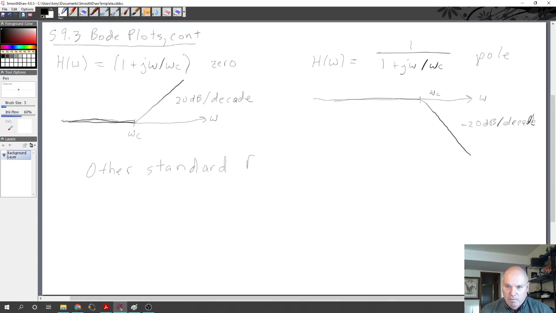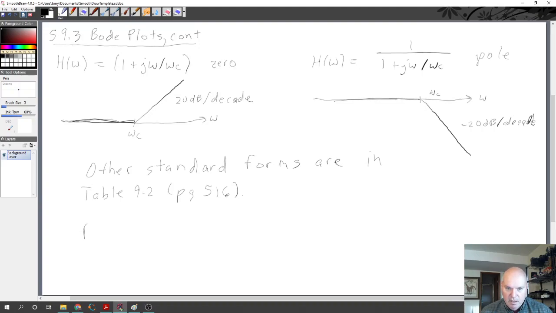So other standard forms are in table 9-2 on page 516. I will make this available for you in PDF form so that you can print this out. Of course, you can print it out if you get the PDF form of the textbook.